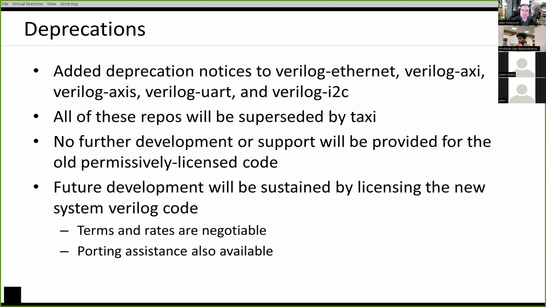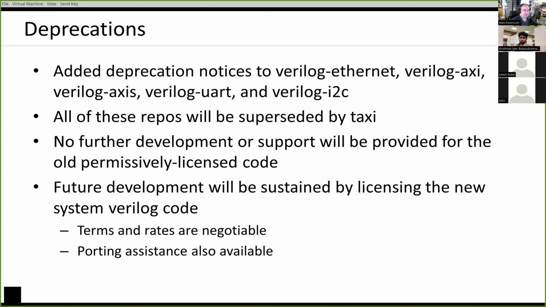So I've been transferring the code over bit by bit and updating it for System Verilog with new System Verilog interfaces, and the new always blocks, always_ff, always_comb, whatnot, to get stuff cleaned up. I'm not going to be doing any further development or support for the old permissively licensed code.